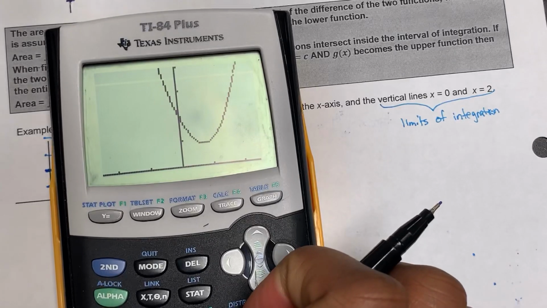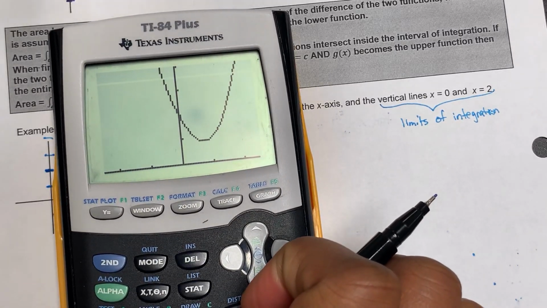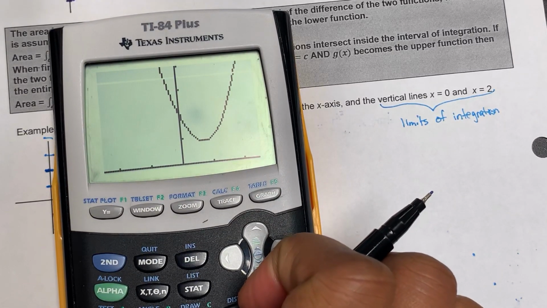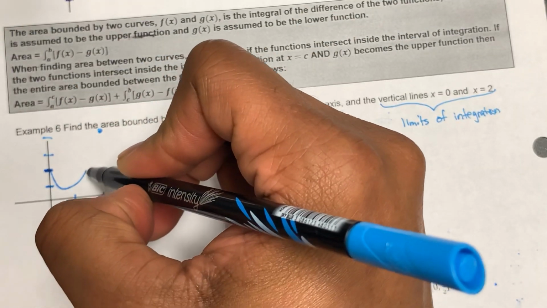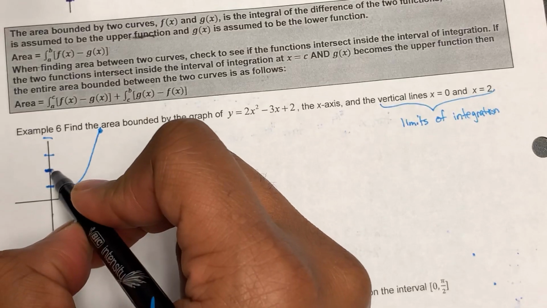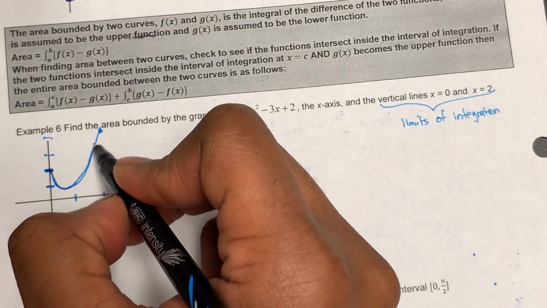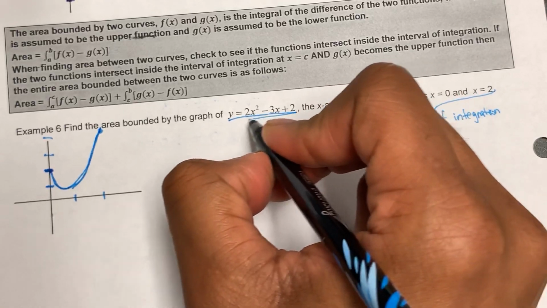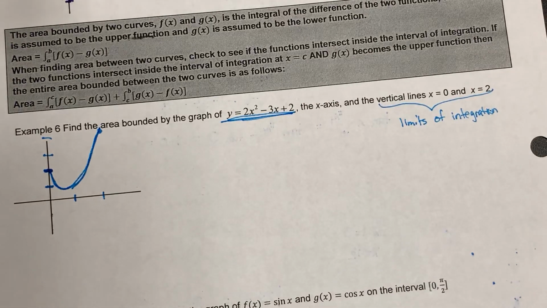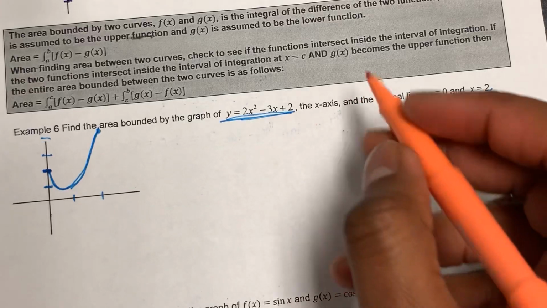So again, our graph does something like this, it dips down to 1 somewhere around here. So we have two different functions. The blue function is 2x squared minus 3x plus 2.